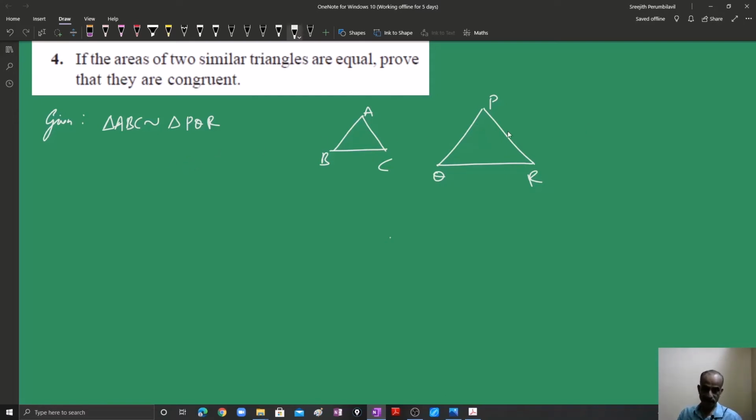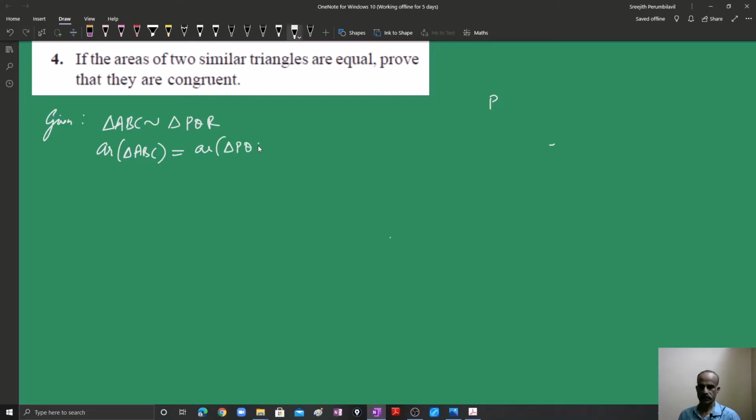But it's given that their areas are equal. Okay, it is given that their areas are equal. Fine. So one more thing is given. What is given? Given that the area of triangle ABC is equal to the area of triangle PQR. Since the two triangles are similar, what about the ratio of their areas?